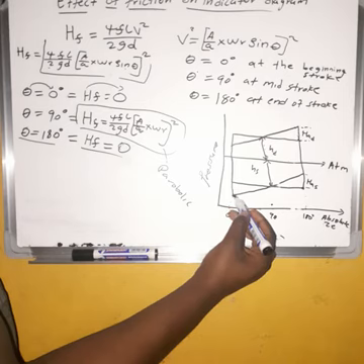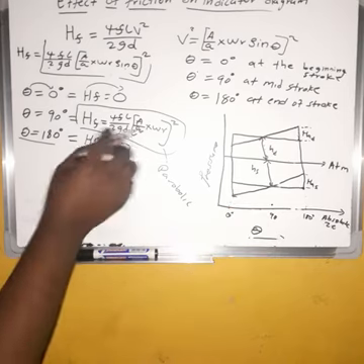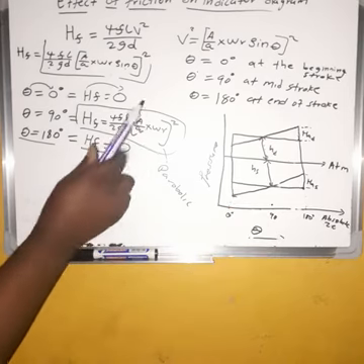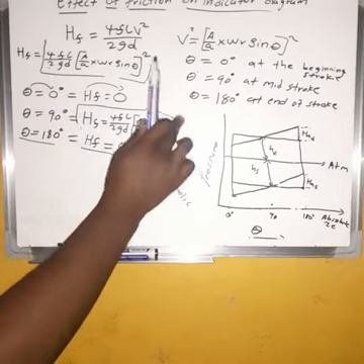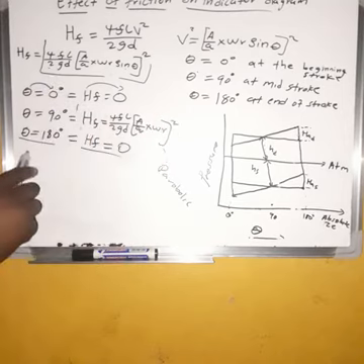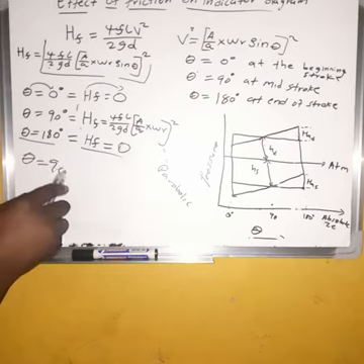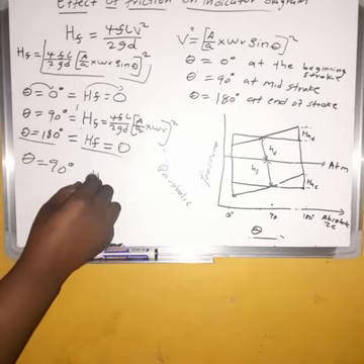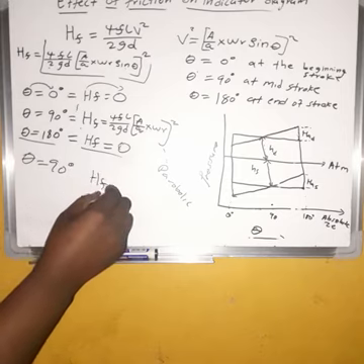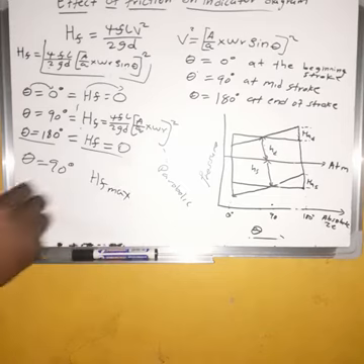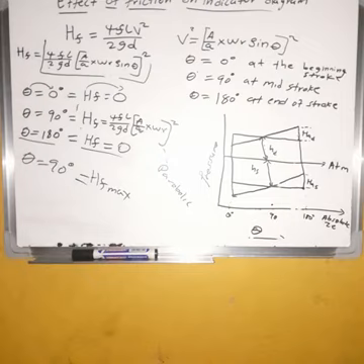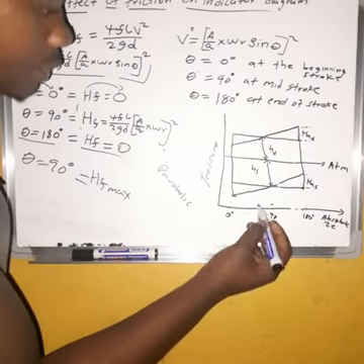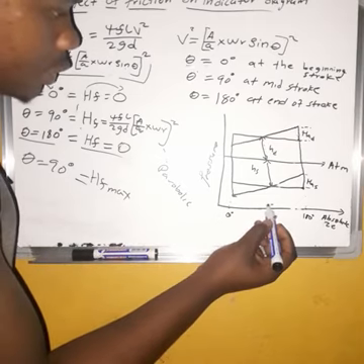Remember the shape. Where it is 90, we'll have the maximum. When theta is equal to 90 degrees, HF will be maximum.